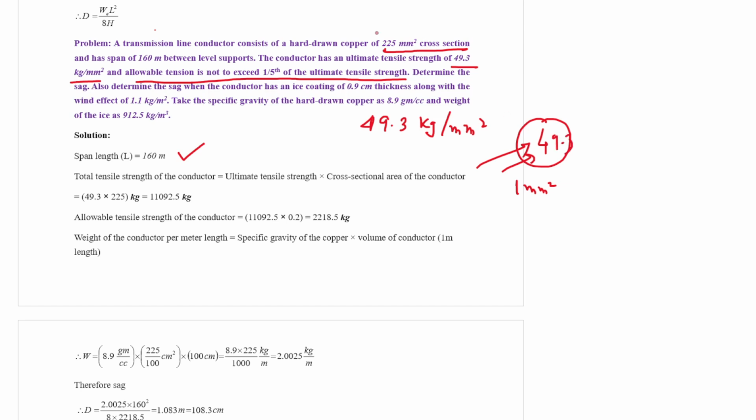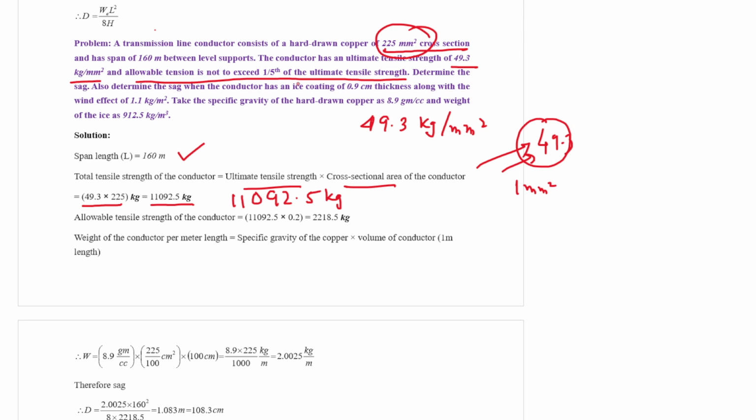However, it has a total area of 225 square mm. So the total tensile strength is the ultimate tensile strength, 49.3, into the total cross-sectional area, which is found to be 11,092.5 kg.